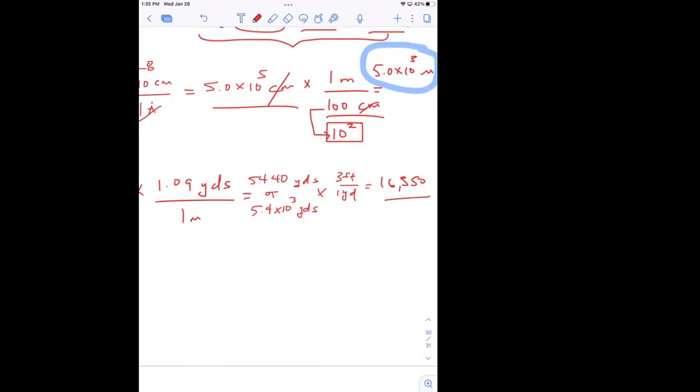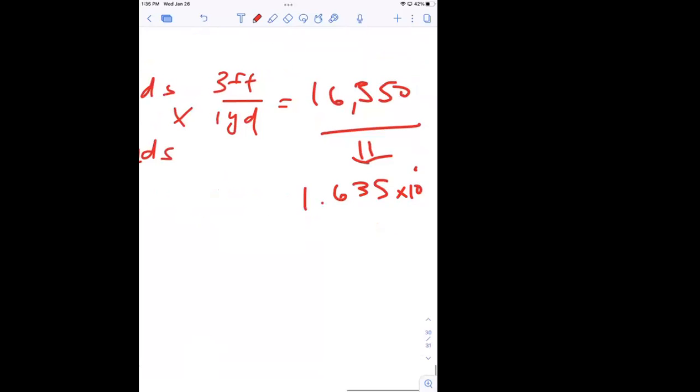And then if I wanted to report this in the correct number of sig figs, let's say 3 sig figs, because we got 4 here, right? So this is going to be 1.635 times 10 to the 4th feet. And then we want 3 sig figs, so we're going to round that up. Everybody okay with that?